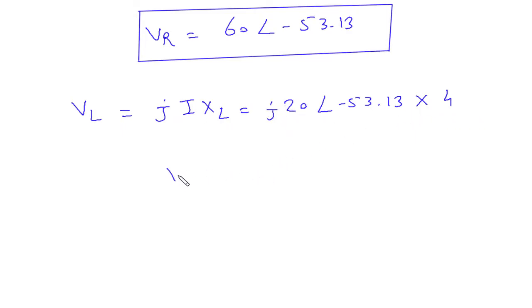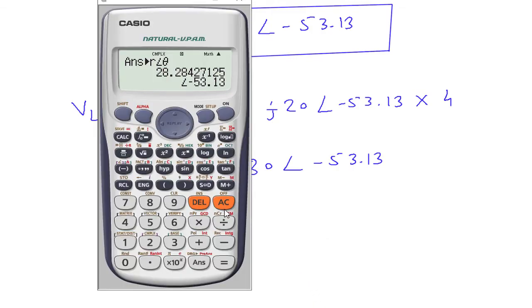So VL is equal to 20 into 4, which is 80 at an angle of minus 53.13 into j.